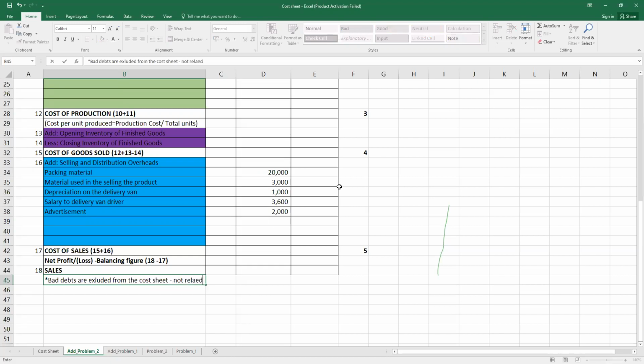Not related to the manufacturing process. So bad debts are excluded. We are not going to enter.